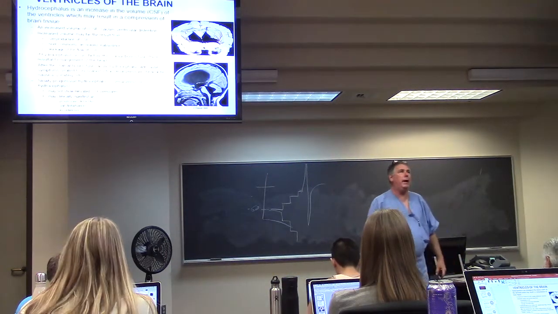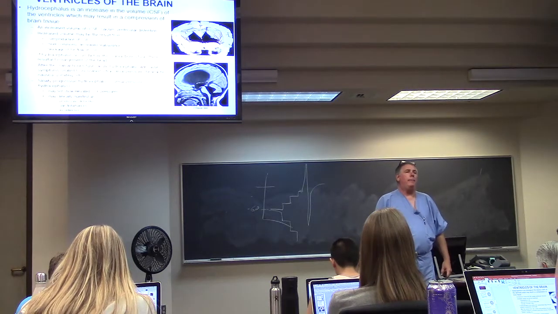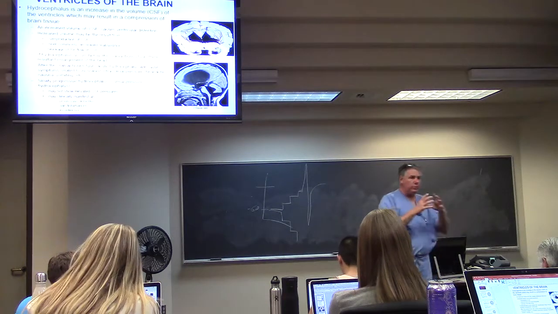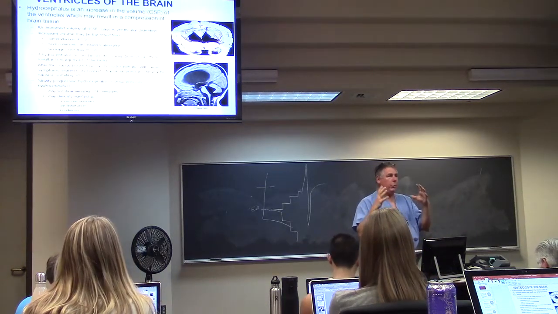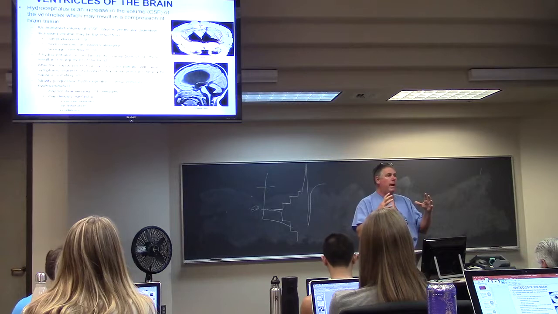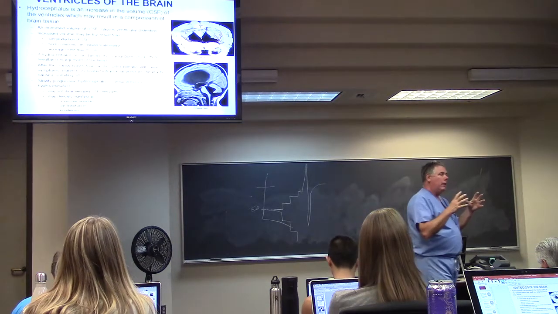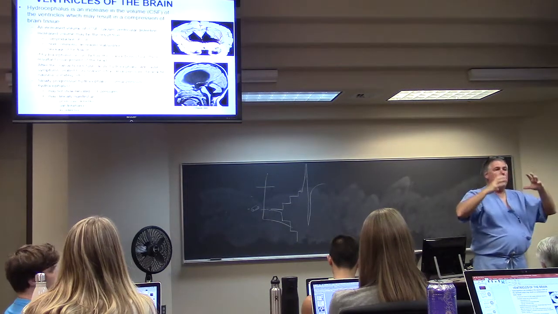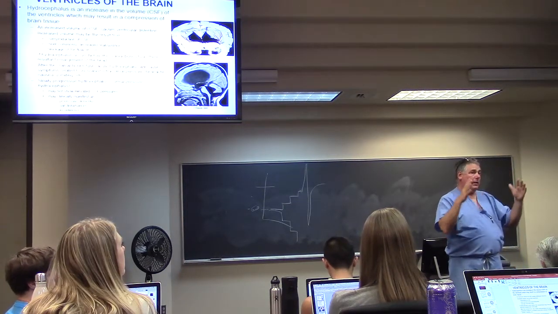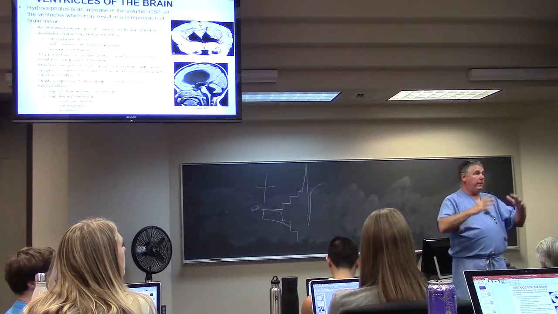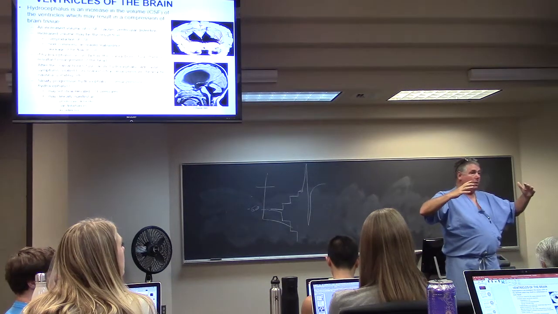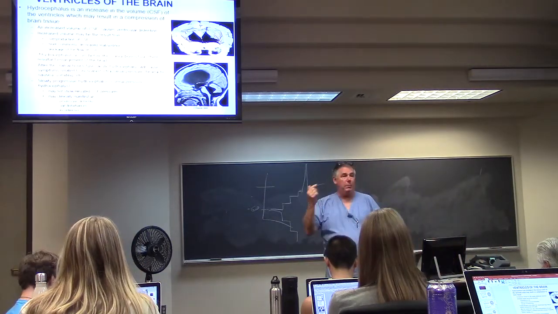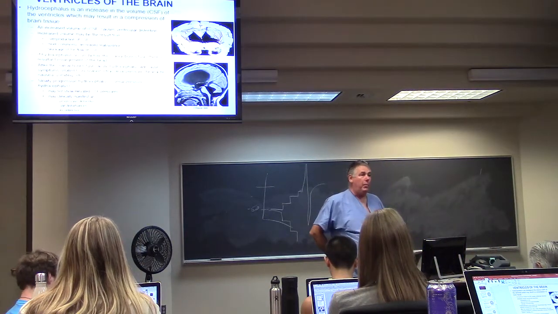What happens in that is that the ventricles start dilating, but the pressure is normal. And the ventricles start dilating, especially with things like Alzheimer's disease, where the neural mass is getting smaller, the ventricles get bigger. Okay? And it's called normal pressure hydrocephalus because if you're measuring the pressure in an LP, it's the same.